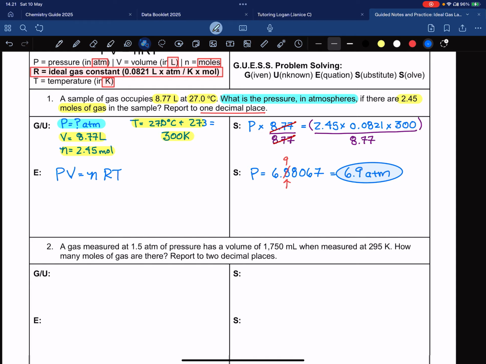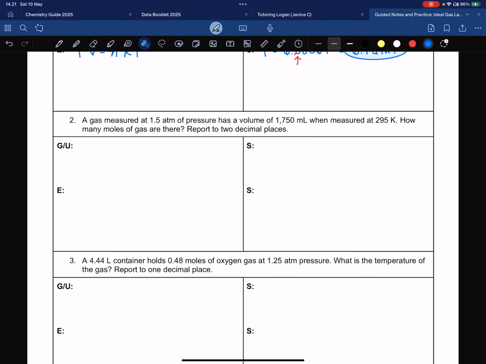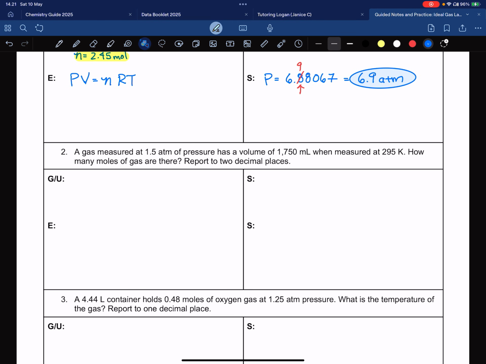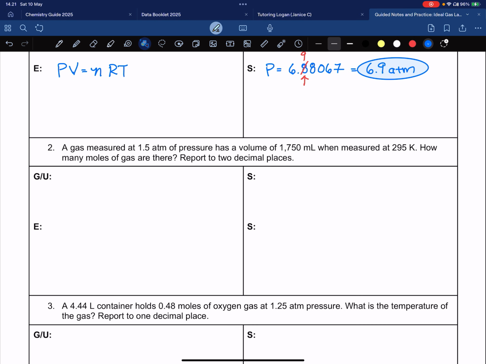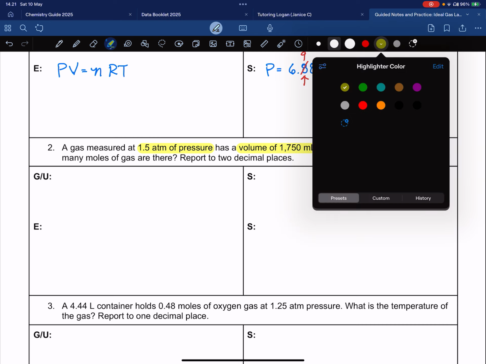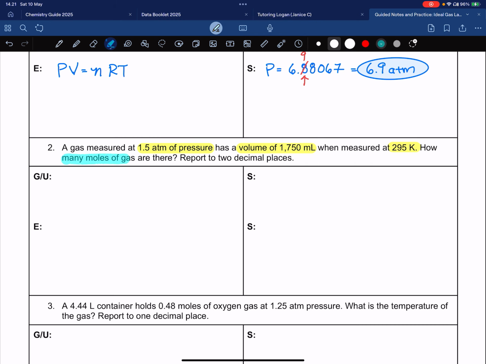All right, next. A gas is measured at 1.5 atmospheres of pressure, has a volume of 1,750 milliliters when measured at 295 K. How many moles of gas are there? Report to two decimal places. All right, so our P is 1.5 atmospheres. Our V is 1,750 milliliters.